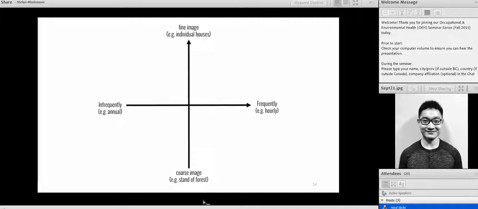There's actually a third element in remote sensing that we have to care about, which is money, the cost. Logically, the finer the image, the more expensive to collect.